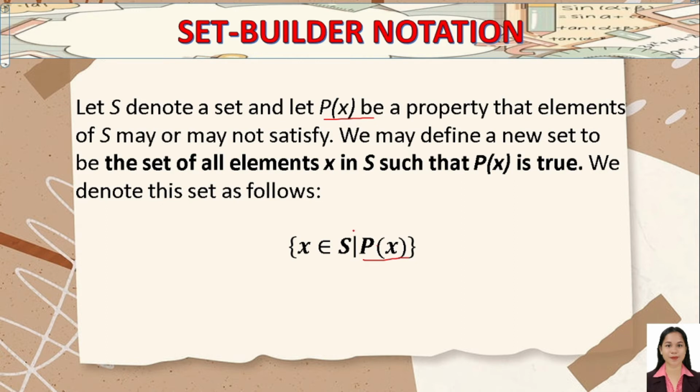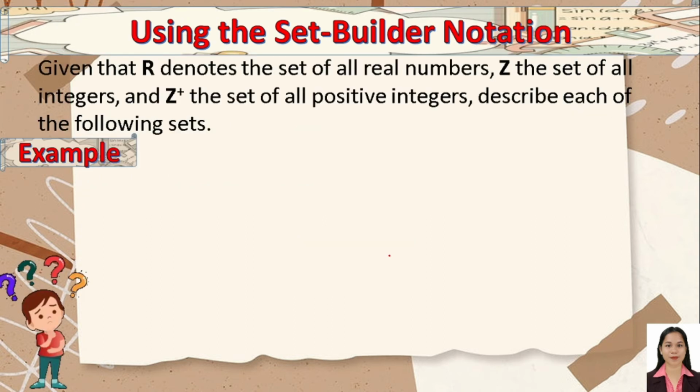So, how do we read this kind of symbol? This is element and then this one is such that. So, kumbaga, X is an element of S such that P of X. So, example, given that R denotes the set of all real numbers, Z is the set of all integers, and Z plus the set of all positive integers, describe each of the following set.